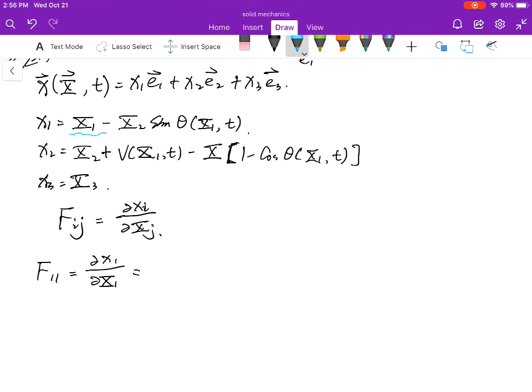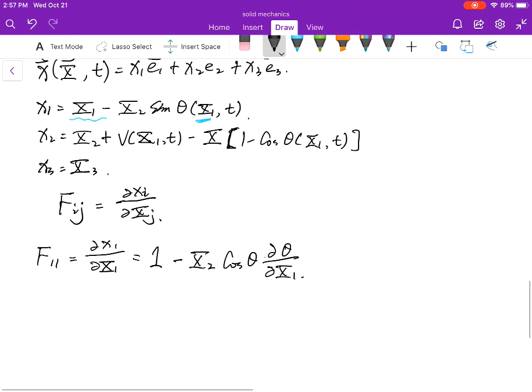For this term here it is 1, so it's 1. Here we have uppercase X1, so we have minus X2 sine theta becomes cosine theta, and then we have partial theta over partial X1 because theta is a function of X1.